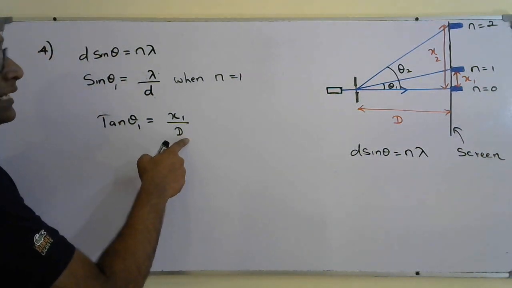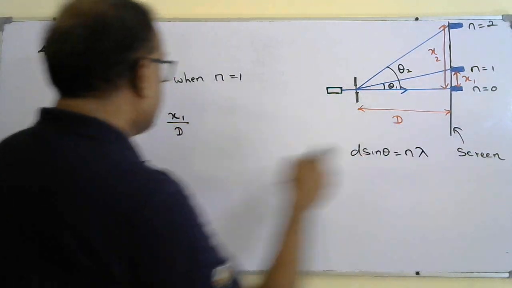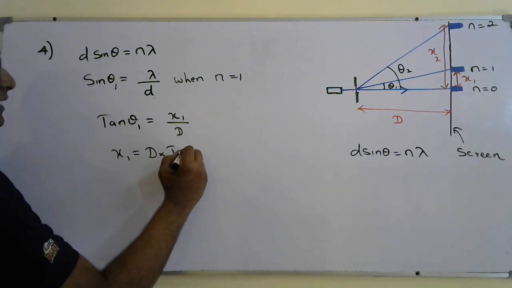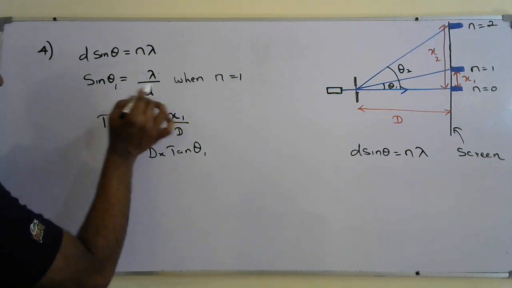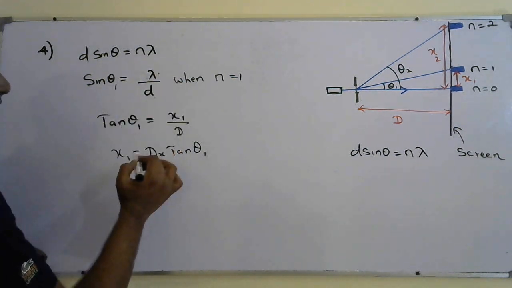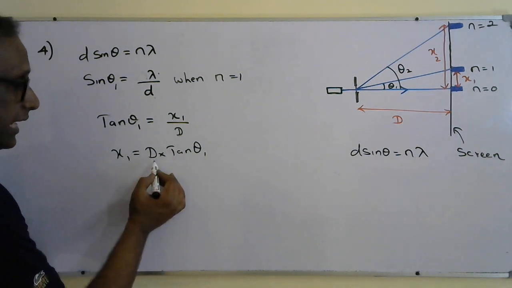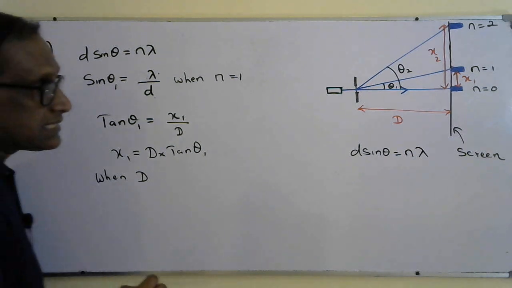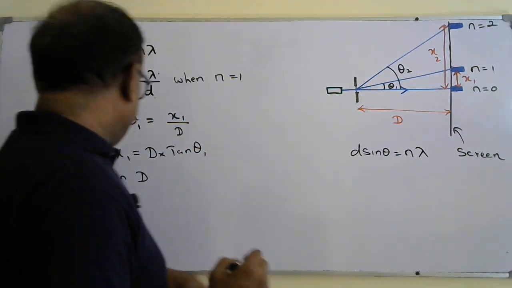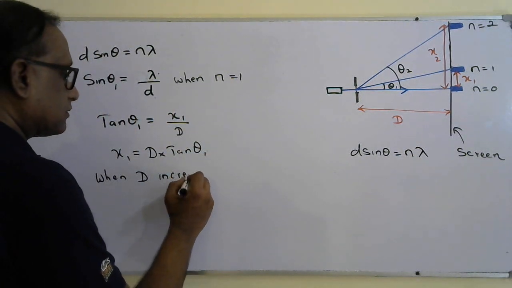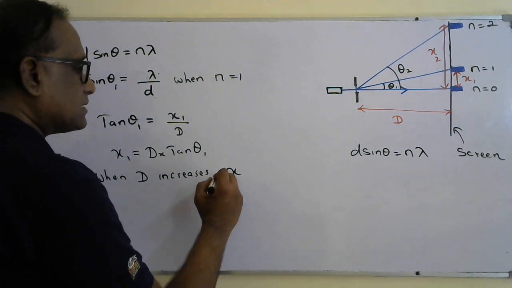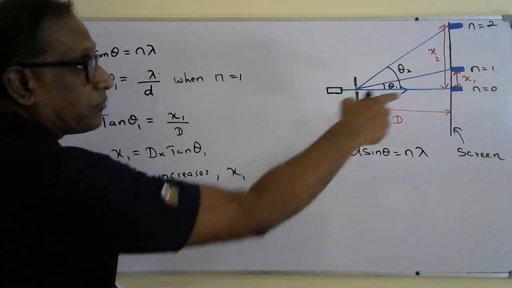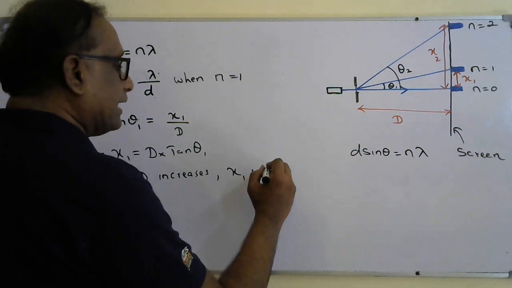So D is going to be increased. Now I am going to increase the D. So cross multiply, x1 is equal to D times tan theta 1. Theta 1 has no change. I told you lambda fixed, d fixed. So tan theta 1 has no change. If I increase the D, where D is the distance between the screen and the diffraction grating, then x1, the distance of the first bright band from the 0th order, will increase.